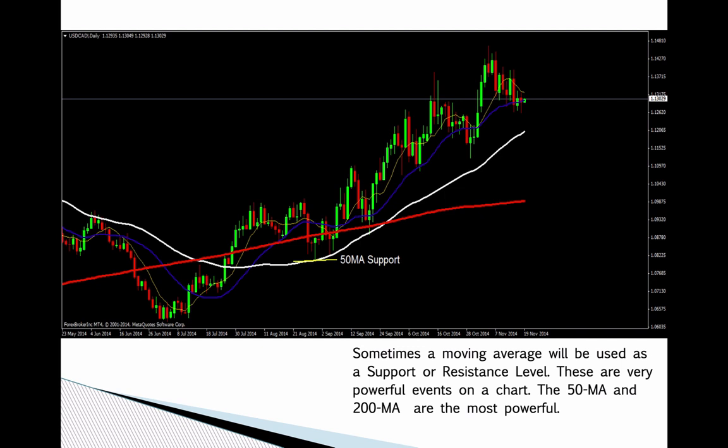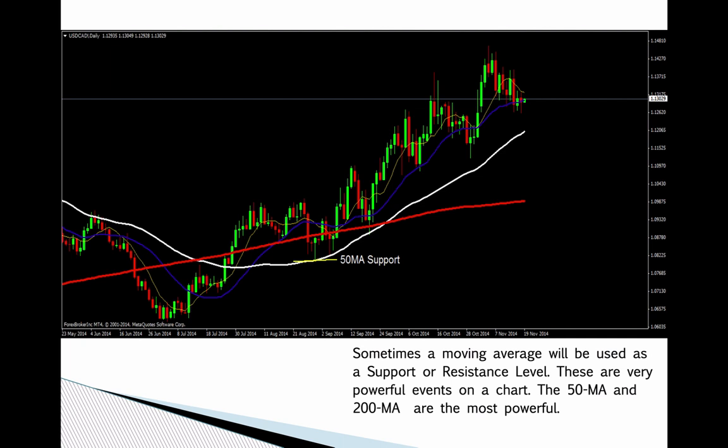It shot up and then it pulled back into the 50 MA again before shooting up again. And then we also have a third retest at the 50 MA a little further up that tested the 50 again, and it shot up even further. So again, the MAs are critical. You want to pay attention to that. Again, another location type thing.